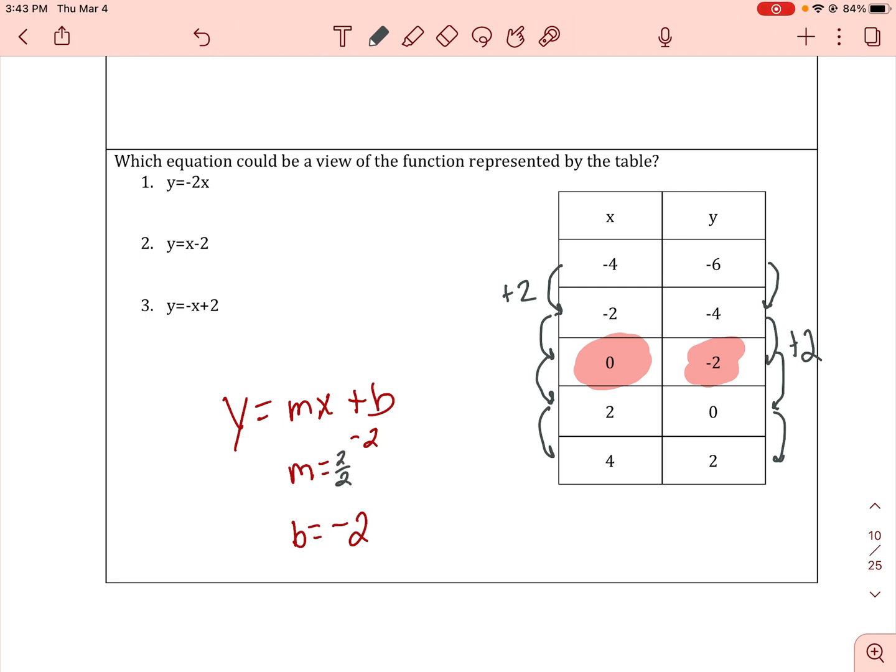Another way we could do this, y2 minus y1 over x2 minus x1 gives me -2 over -2, or +2 over +2, which is 1. So my m is 1. I substitute 1 in for m. I get my equation is y equals 1x minus 2. So there is the equation for this table.